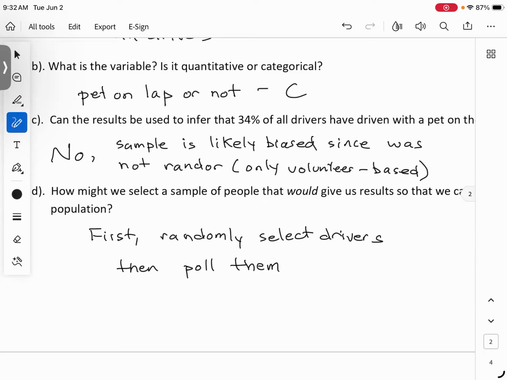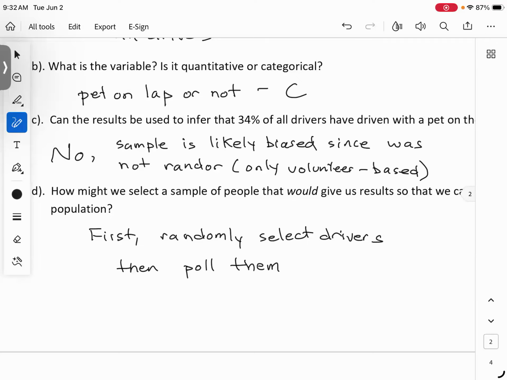So again, doing the random selection is to try to get you a good mixture of the drivers, people with pets, without pets, people who have different levels of sense of security, whether it's safe or not safe to drive with a pet. Just a good mixture of people, and then go ahead and poll them.